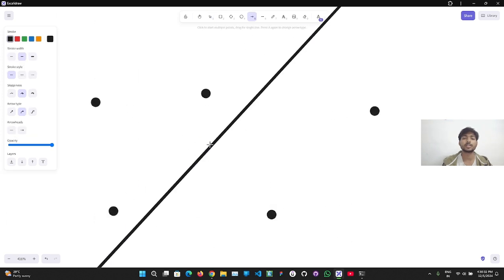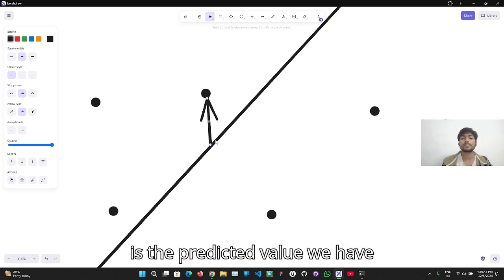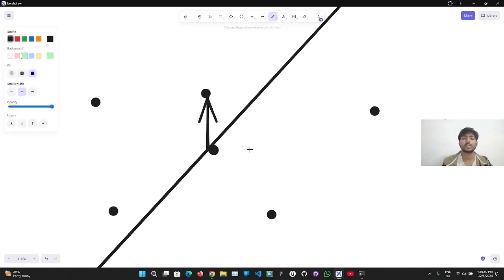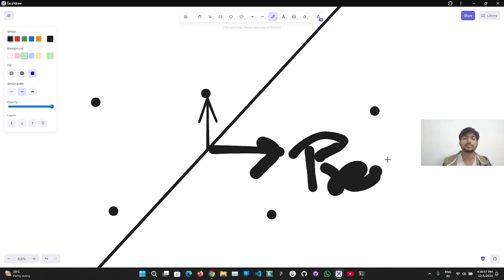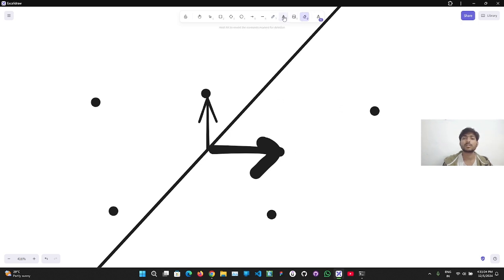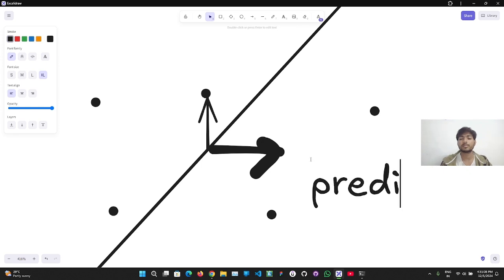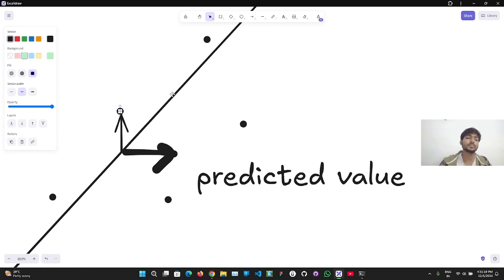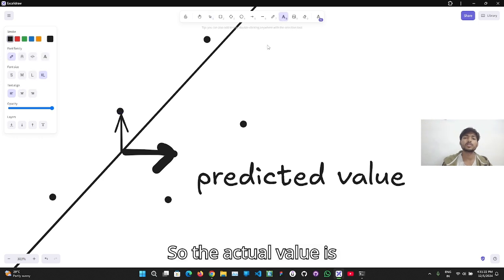This is the predicted value that will be predicted by the line, and this is the actual value we have.